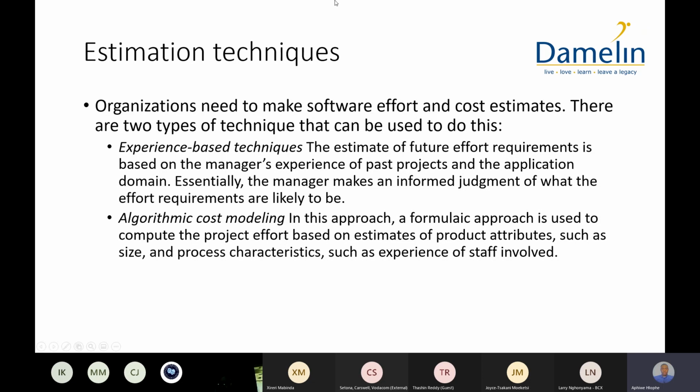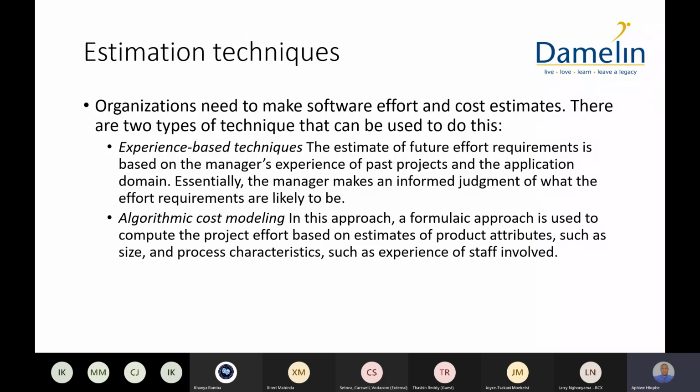The most popular one is through experience. So we've done this project so many times before. We specialize in this. Let's say we specialize in hospital or whatever, school management systems. We specialize on that. So whenever a new customer wants to purchase such software, we already know through experience how much it will cost, okay?